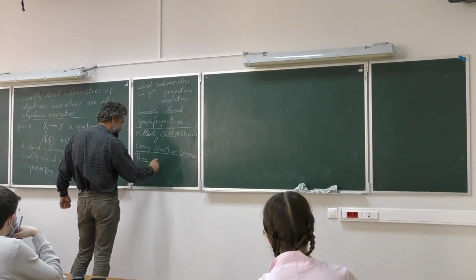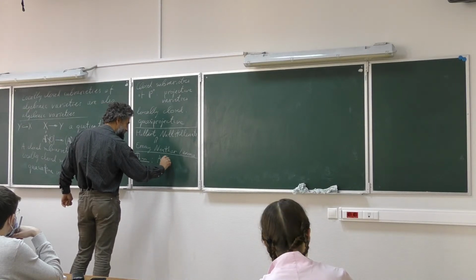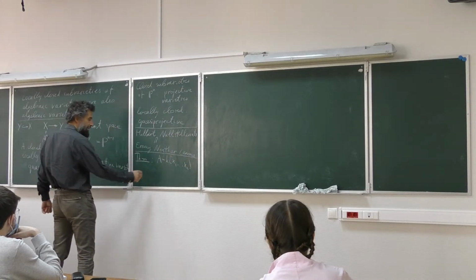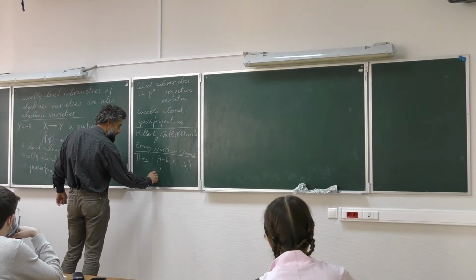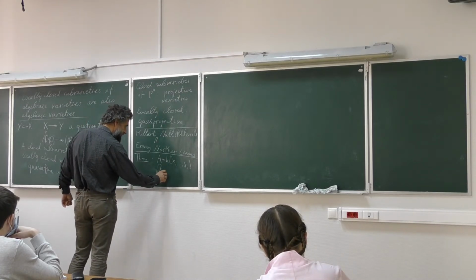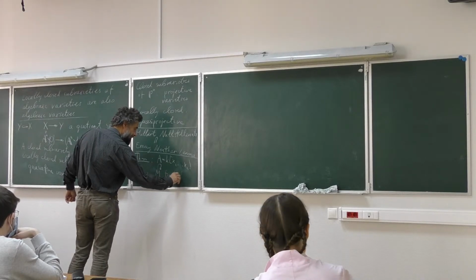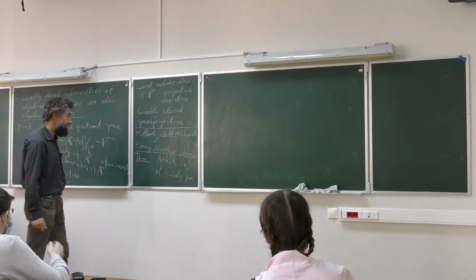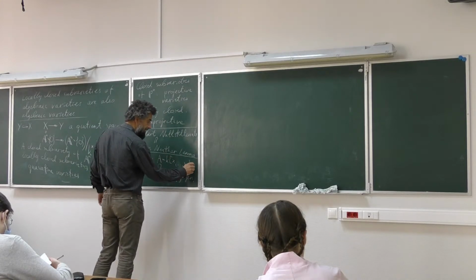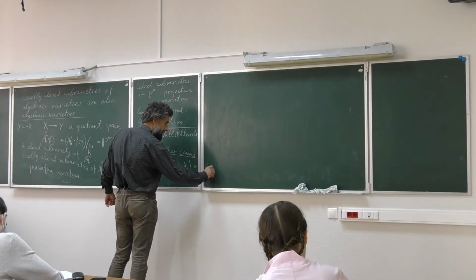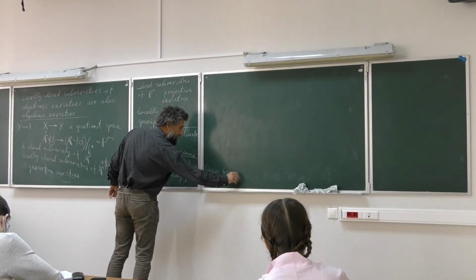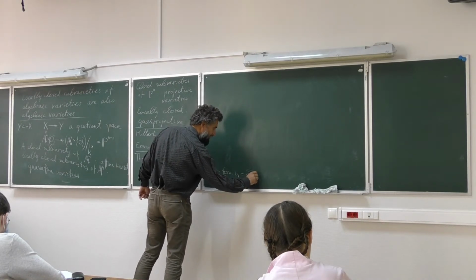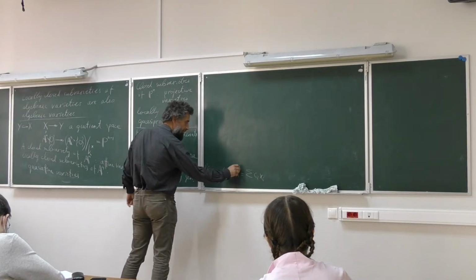So take an algebra A, just the polynomial algebra in n variables, and it acts on a module M. This module M is finitely generated. Then in this algebra I have a linear form U. So this U is the sum of coordinates with some coefficients. And it's not zero.